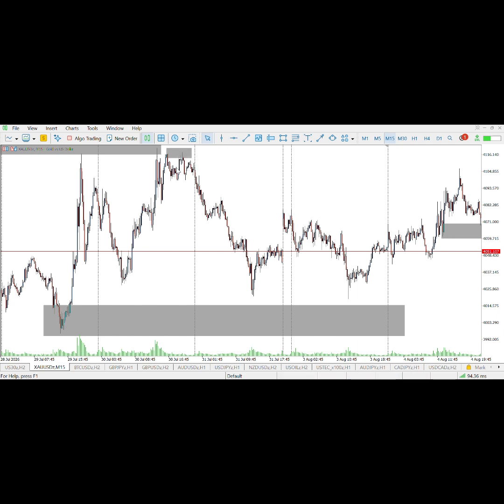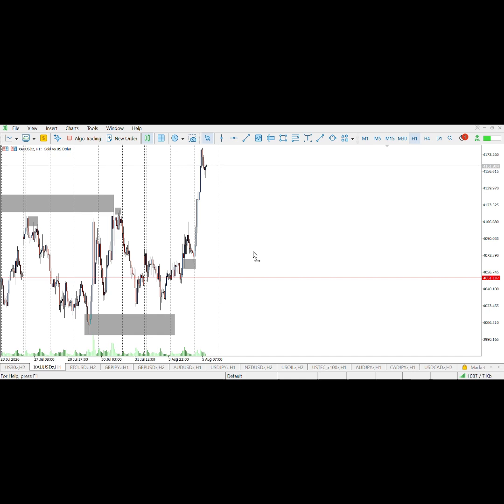This is a zone here as well. You can see this zone. We have rally, base, drop. You can see how this base is forming. Okay, so this is how a base usually forms.